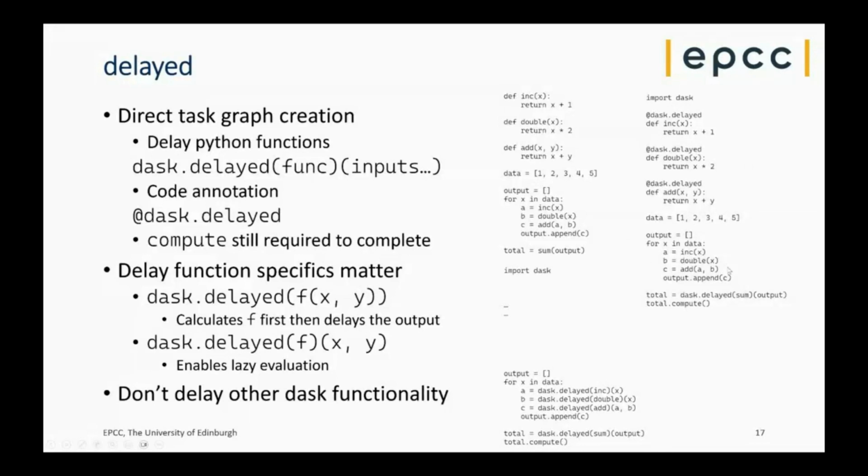And then we can see we don't need to change the main body of the code. All we have to do is put a Dask delayed on the sum at the bottom here, because the sum is not a function I've defined, it's one I'm using from the standard library, and call a compute at the end as well. And both of these do exactly the same thing.